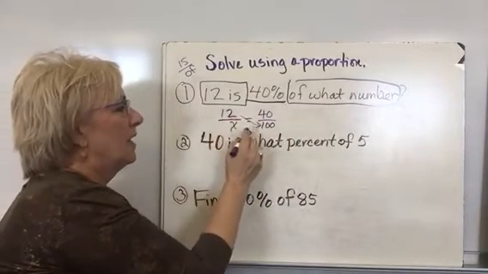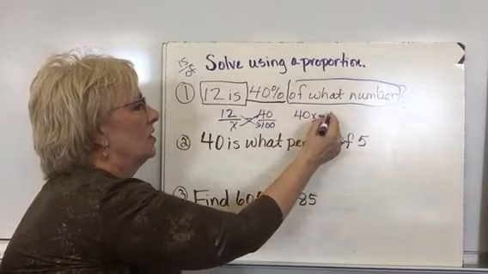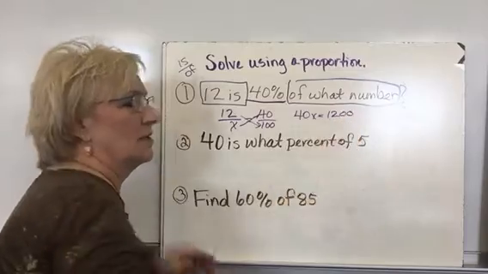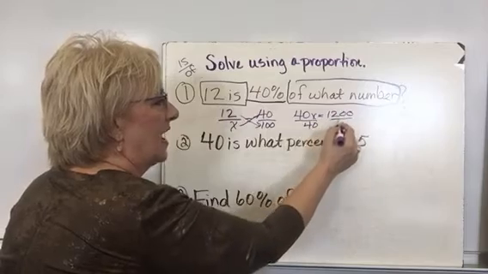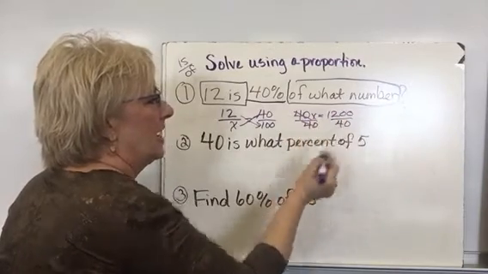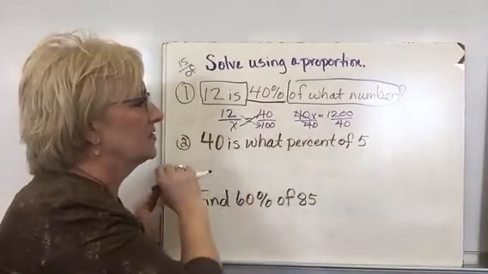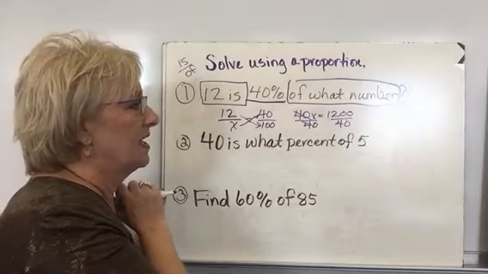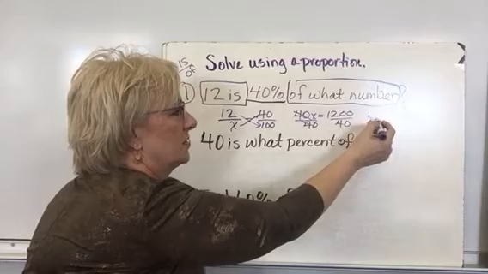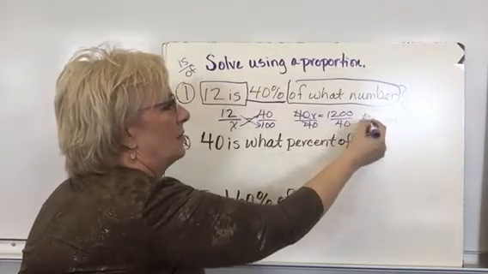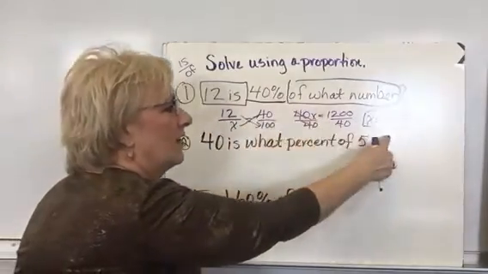So I'm going to cross multiply like we've been doing with proportions, and I'm going to get 40x is equal to 1200. When we do this, I'm going to divide each side by 40 because I have to isolate my variable, and I have to use division because I am multiplying by 40 with the x. I know that 1200 divided by 40 is 30, so x equals 30. So I'm going to read it as 12 is 40% of 30.